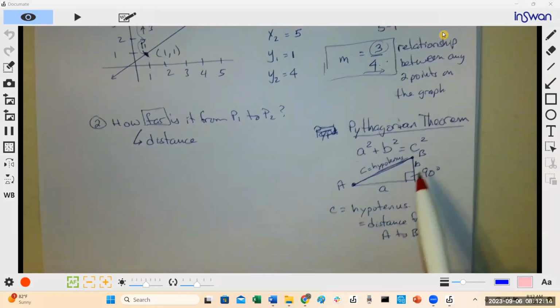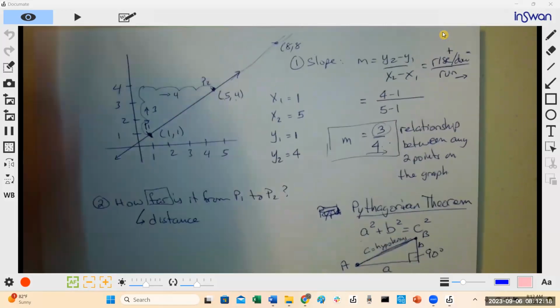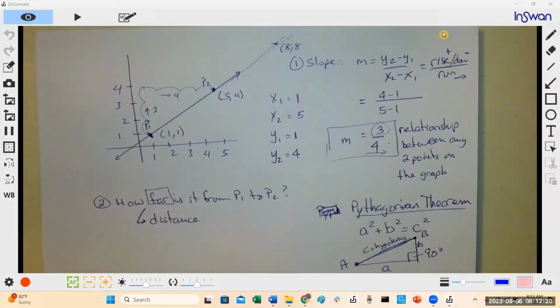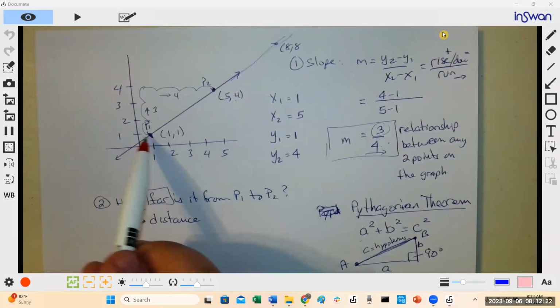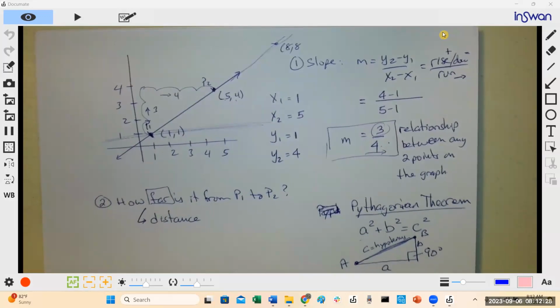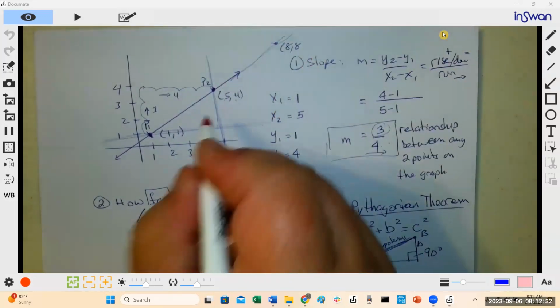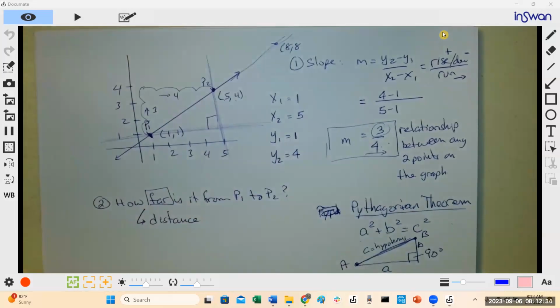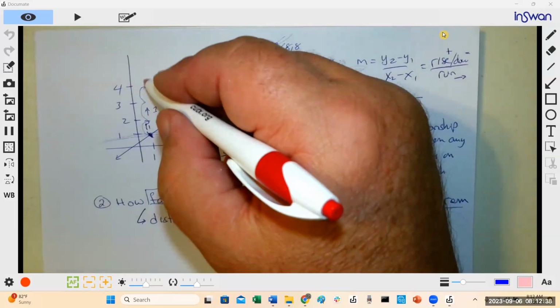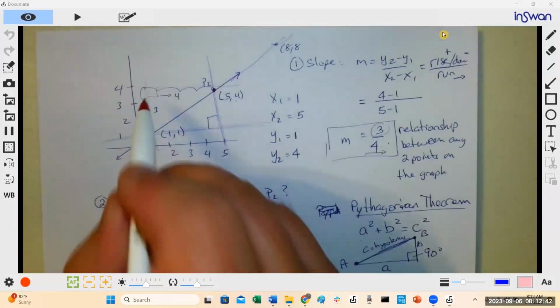All right, so how does this relate to what we have here in our original equation? Do we have a right triangle? Well, yeah. Let's look at this one. If we draw a horizontal line through that point and a vertical line through that point, we have a right triangle. Or we could have done a vertical line here and a horizontal line through that dot, and we have another right triangle.